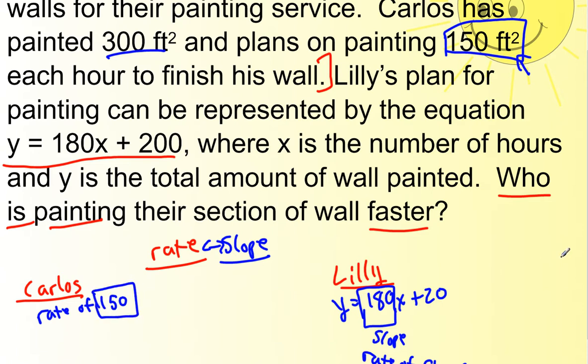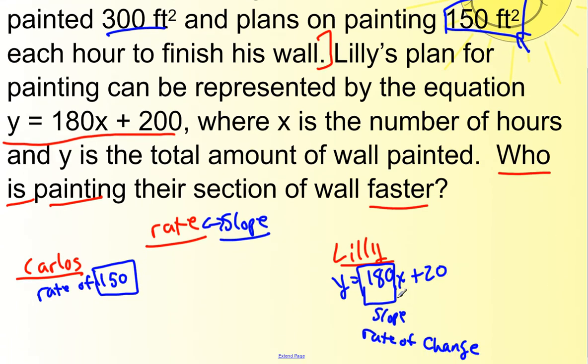Lily's working at a rate of 180. Who is painting their section of wall faster? It's not hard now. It's got to be Lily. Lily's painting her section of wall faster because she has the greater rate of change.